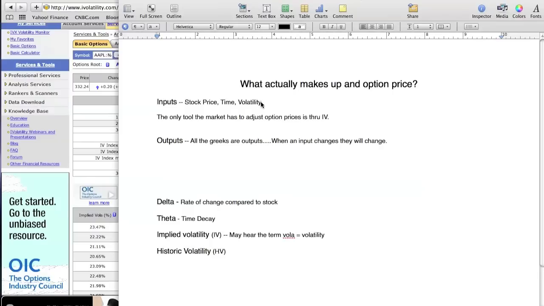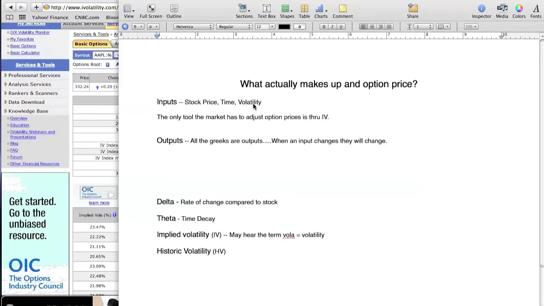So the higher the volatility, the market is pricing in more drastic swings up and down. Those are the only inputs. All the Greeks are outputs. When any of the inputs change, the Greeks will change. None of the Greeks are inputs.